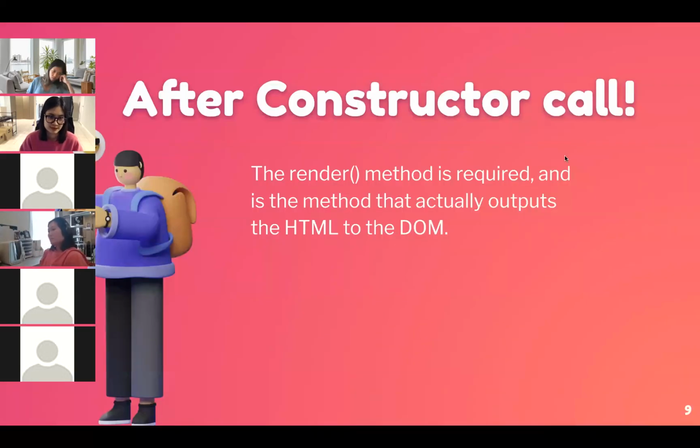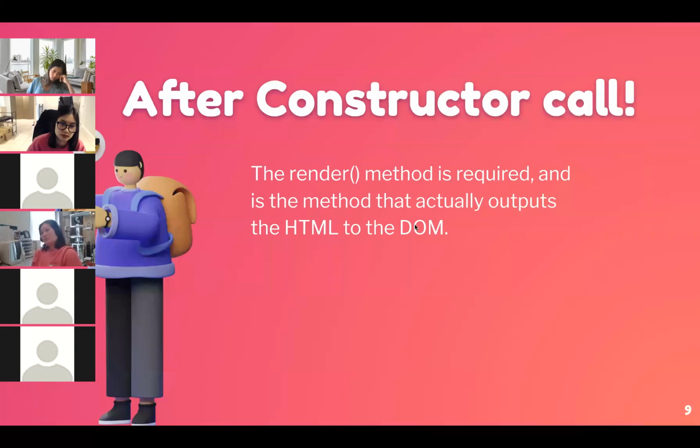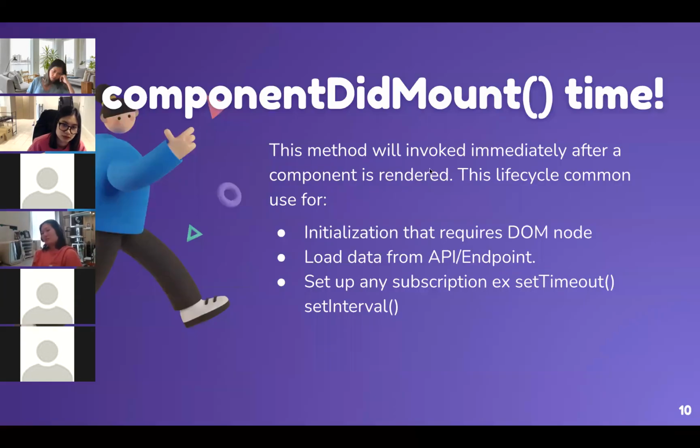When the component gets called, the constructor method is called before anything else, like I said. After the constructor, the render method is required and will be called. Then componentDidMount gets called after the render function is invoked.